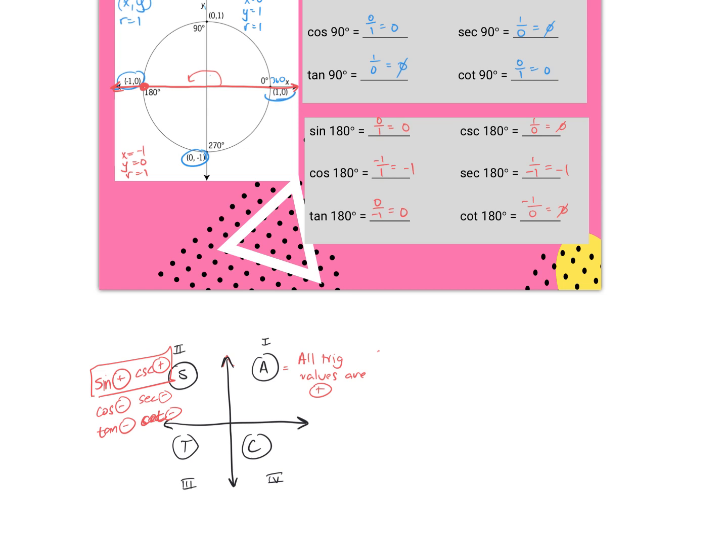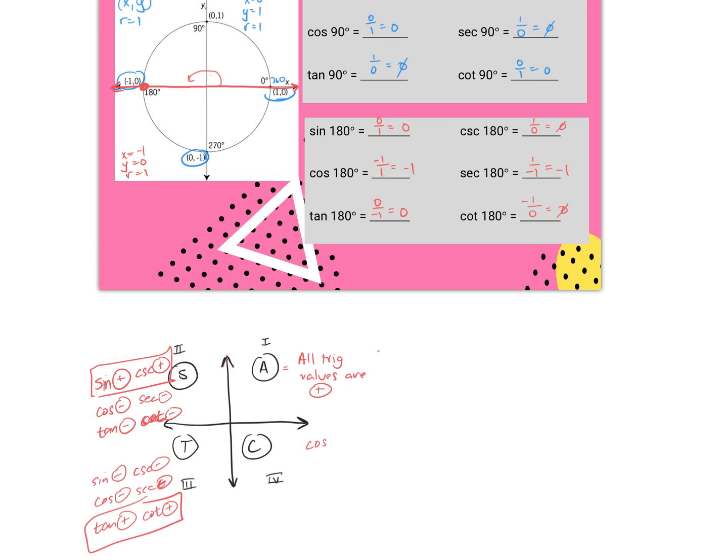Now the T in quadrant 3 means only tangent and its reciprocal are positive. So then sine would be negative here, so would cosecant. Cosine would be negative here, so would secant, right? And tangent is what would be positive, and cotangent would be positive, because that's what the T represents there. And then in the last one, the C represents cosine.